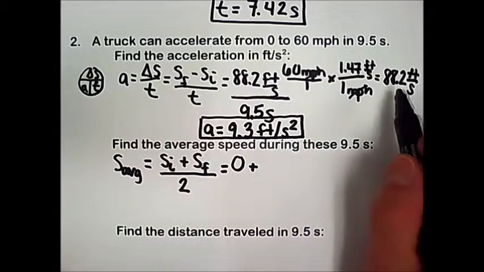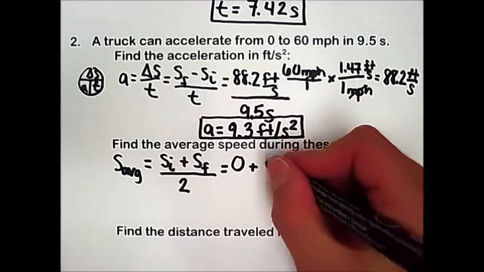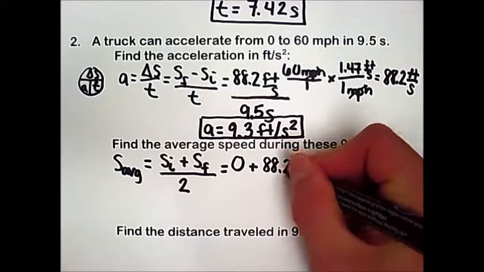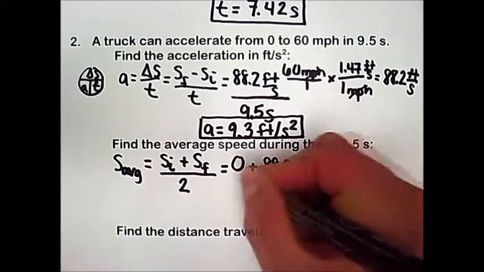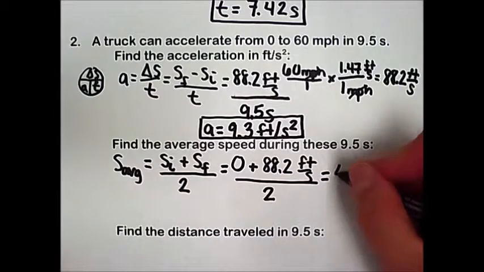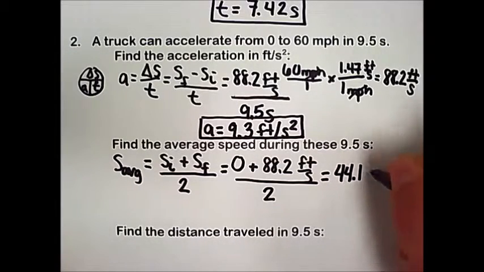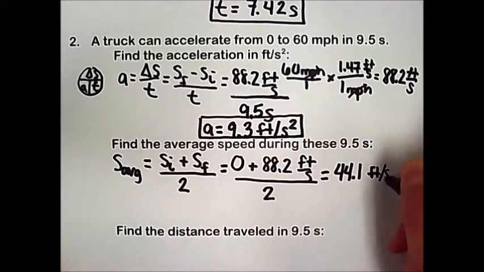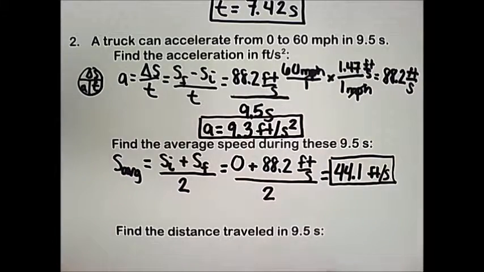Our final speed we found was 88.2 feet per second. And then we can divide that by 2 to get an average speed of 44.1 feet per second.